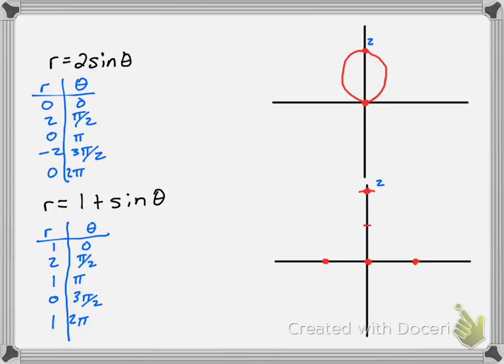All right, so the next problem, we have r is equal to 1 plus sine theta, starting at angle of 0, radius of 1, so that's going to start out here, and then it goes to pi over 2 to here, back to here, to the origin or the pole, and then back out to where we started.